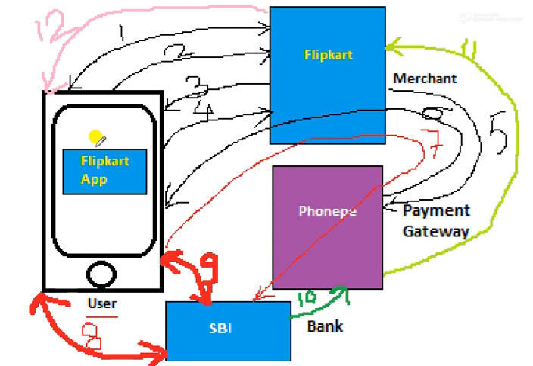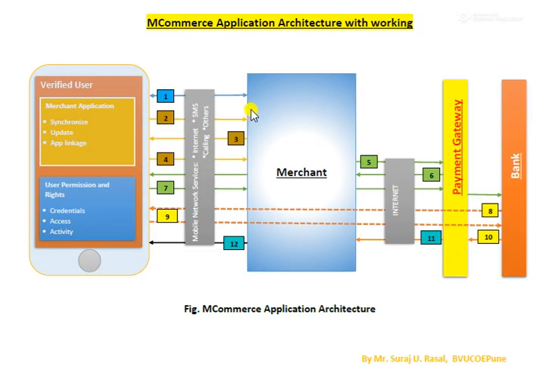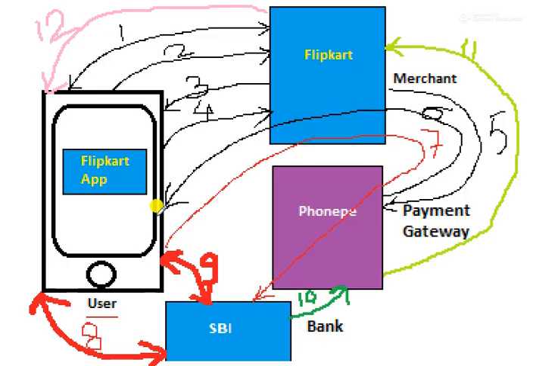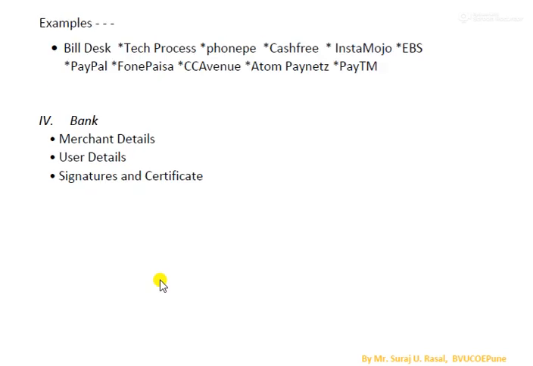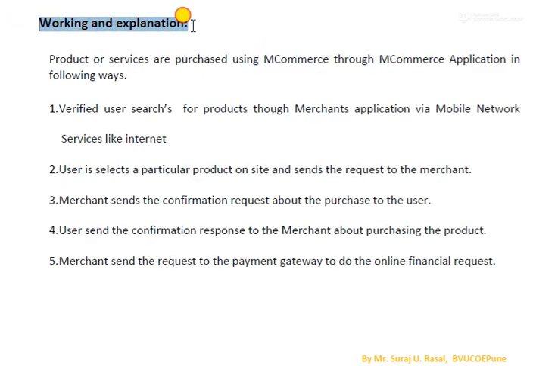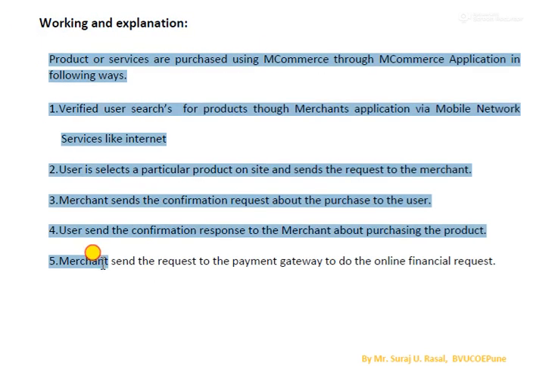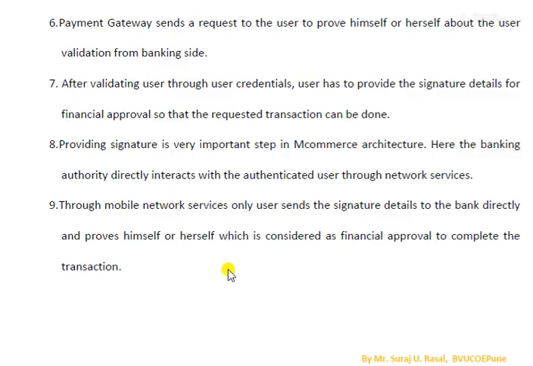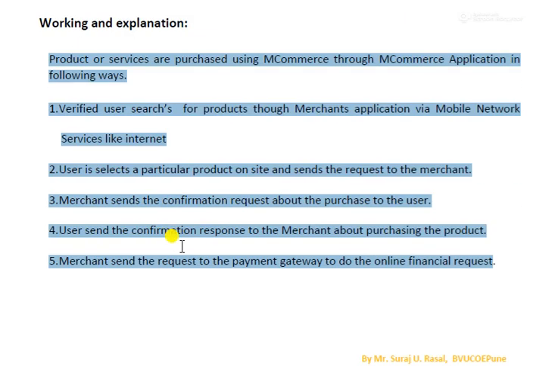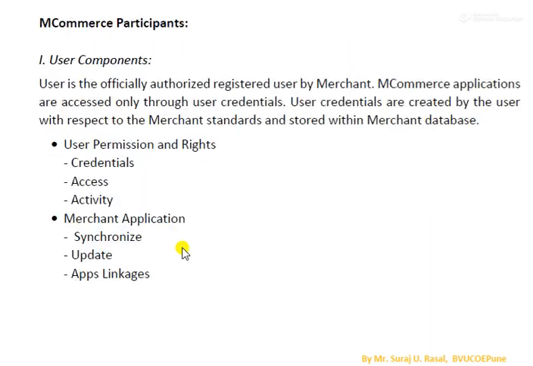While understanding the same concept again, you can refer to this presentation file and this example, and go through the working and explanation points, which include almost 12 points related to this diagram.